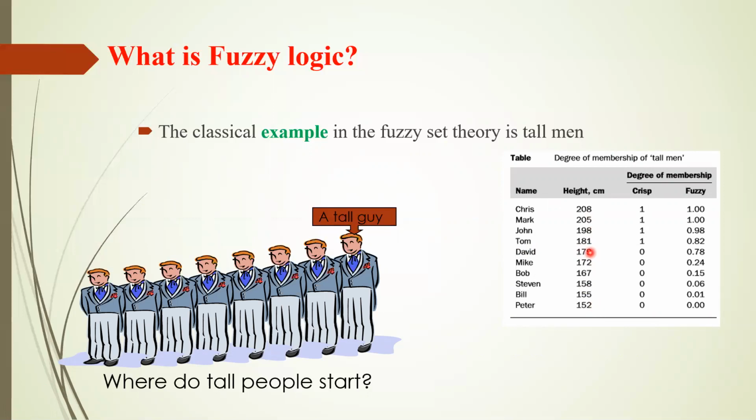So we would find that David, who is 179 centimeters, is short in the crisp set, as the line we just drew is at 181 and David is 2 centimeters less than that. So in the crisp set, David got 0.